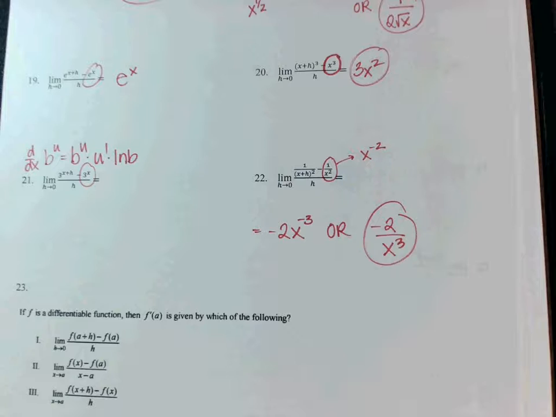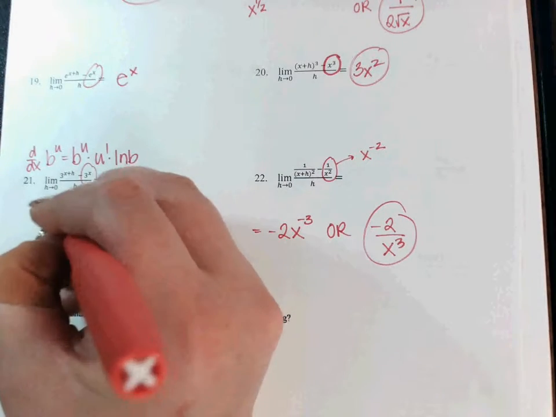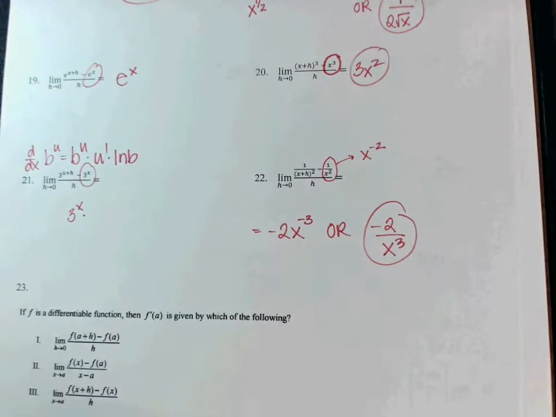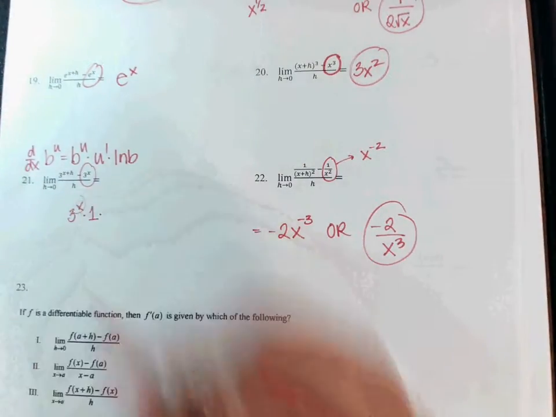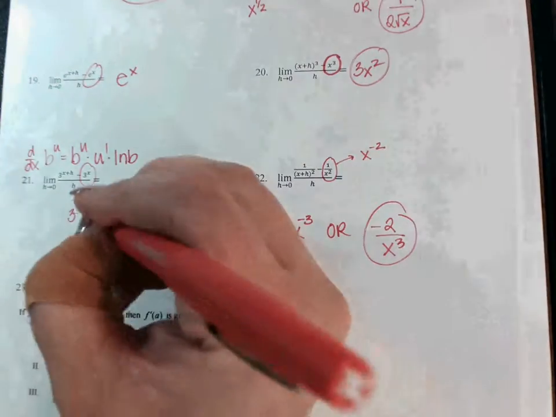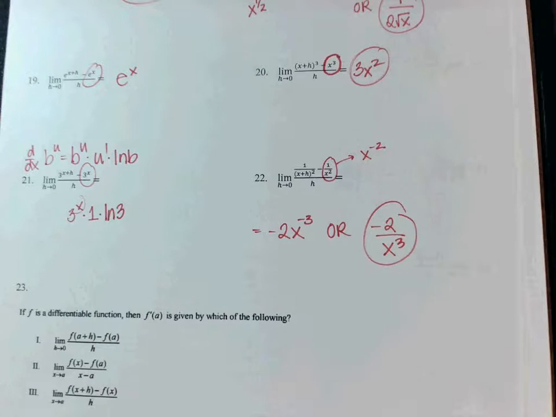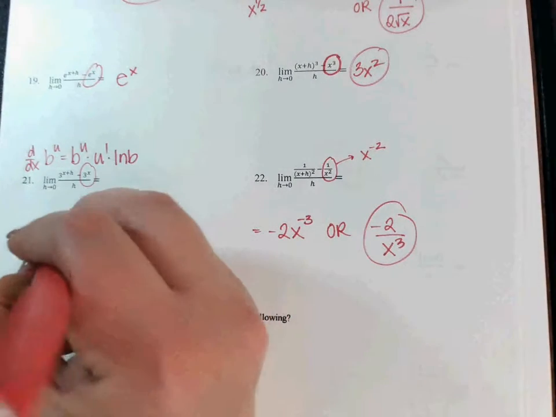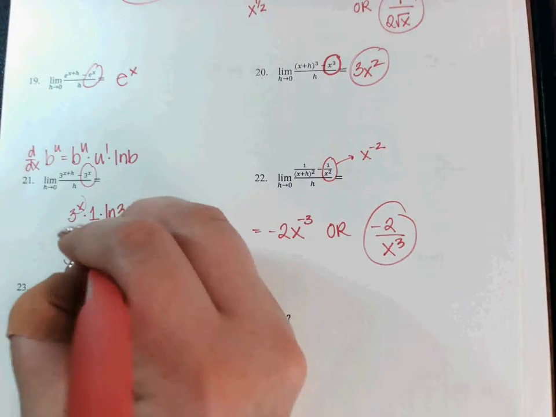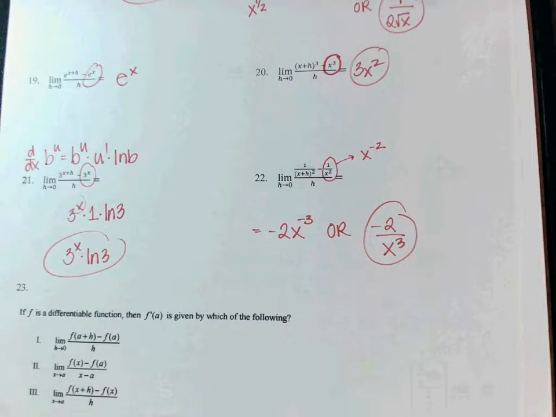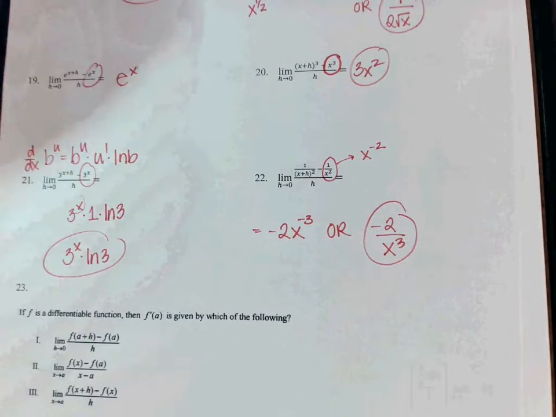So what's the derivative of 3 to the x? It would be 3 to the x times, what's the derivative of x? 1. And then what's the ln I have to put at the end? ln 3. Now, do you have to write the times 1? No. So 3 to the x ln 3 would be fine. Okay, one more like that.